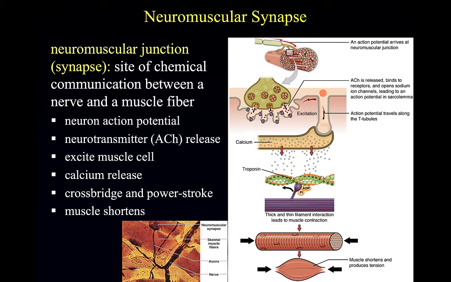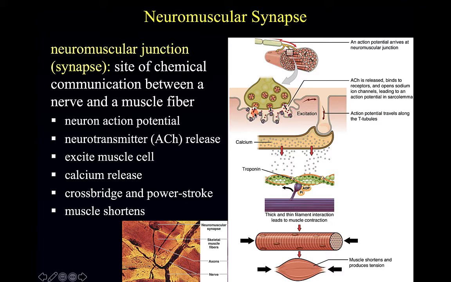And if we think about the way this is going to work out, we're going to make sure that we have some kind of nerve transmission. We refer to that as an action potential. We're going to release acetylcholine from the end of that neuron. This would be a synaptic knob, or we sometimes call these things telodendria. And as we release that acetylcholine in there, it's going to bind to receptors on the muscle cell.